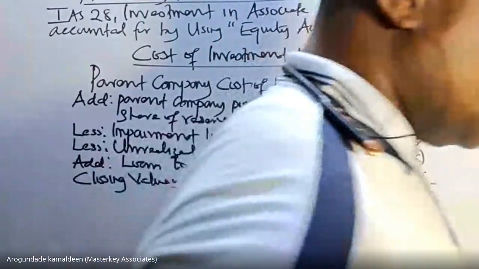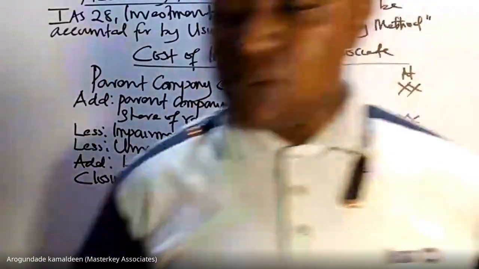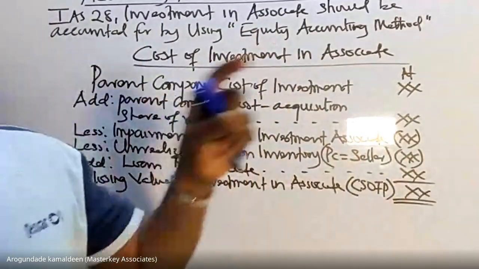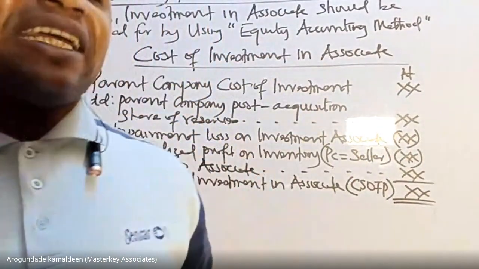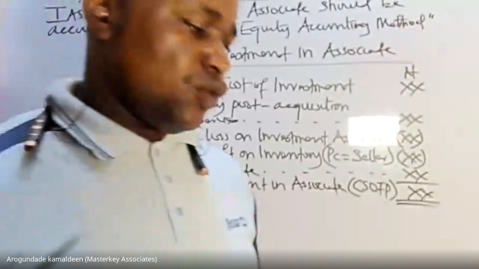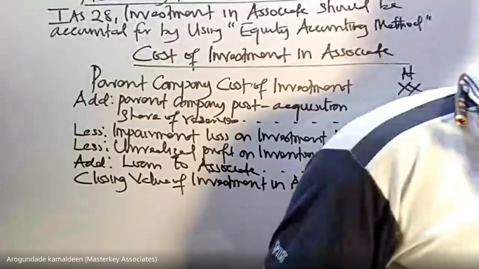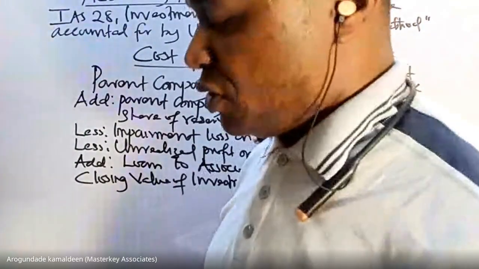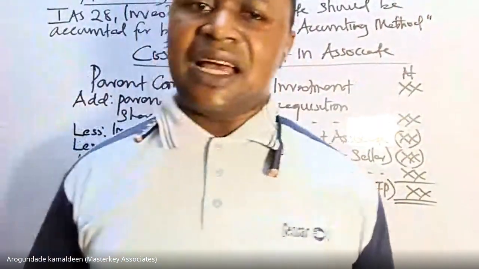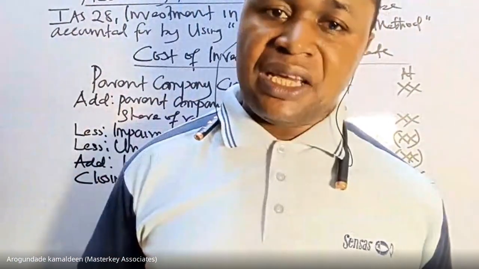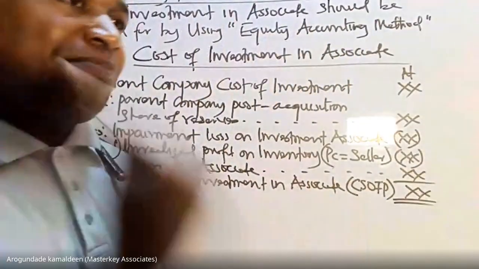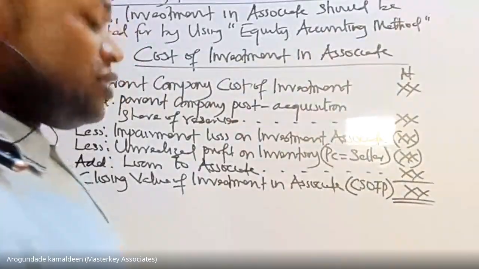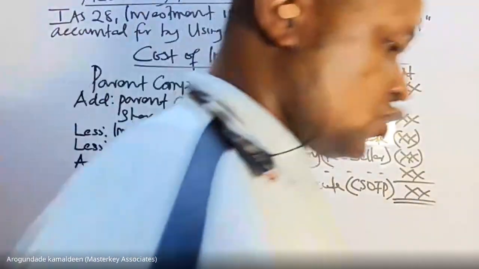Take note of these 2 points, please. The equity accounting method will not be used if, number one, the investment in associate is classified as held for sale in accordance with IFRS 5, non-current assets held for sale and discontinued operations. If that investment is classified as held for sale, equity accounting method is not going to be applicable.